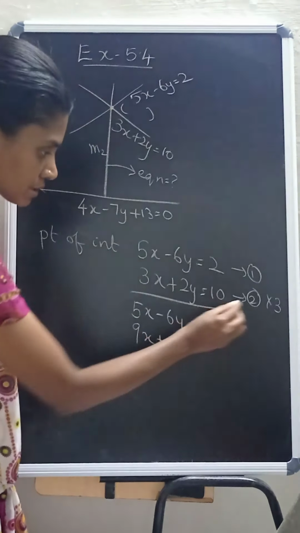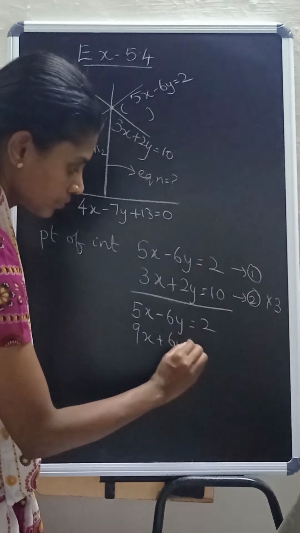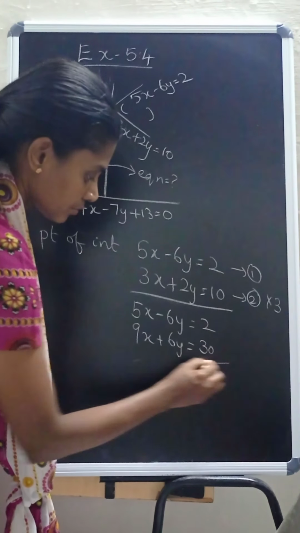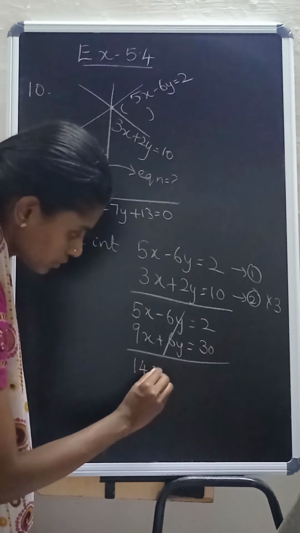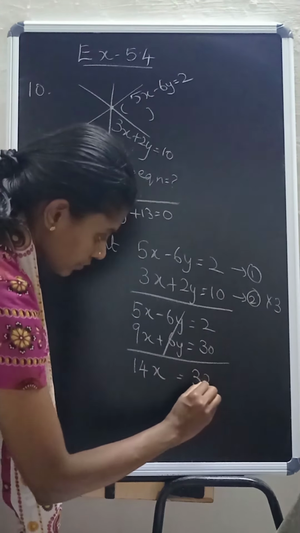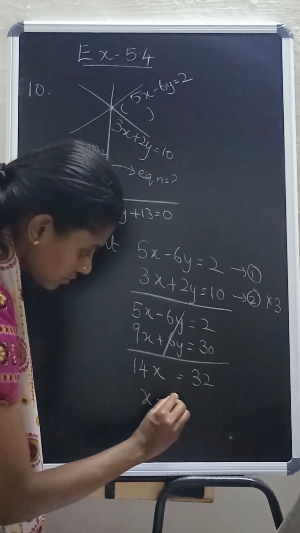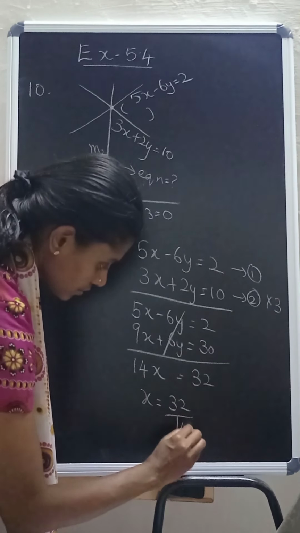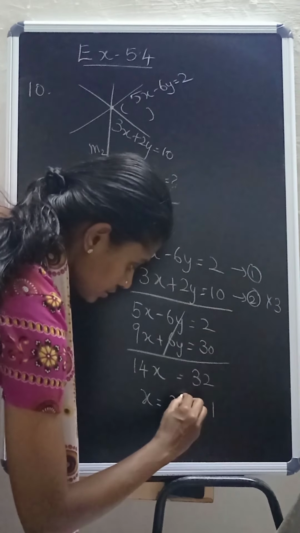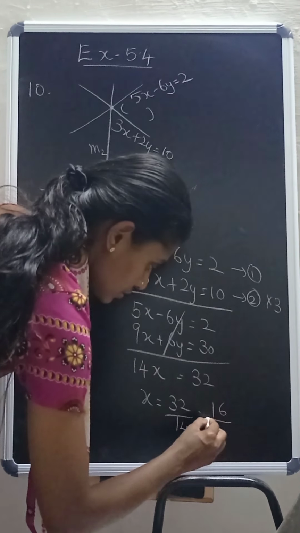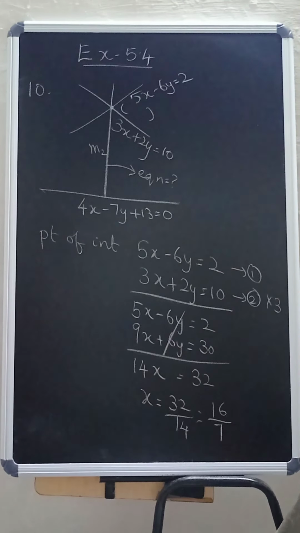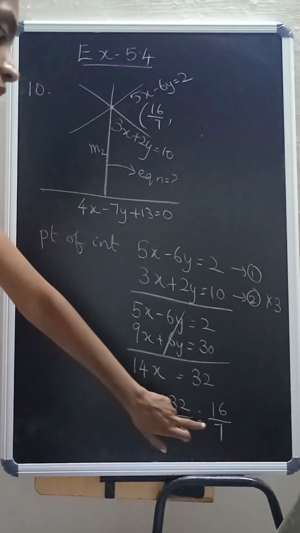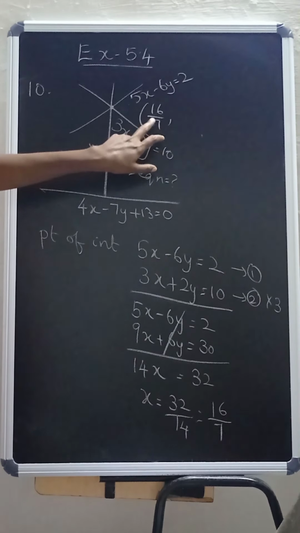So 9x plus 3 2s are 6y is equal to 10 3s are 30. 14x is equal to 30. x is equal to 16 by 7. So now we have got the x coordinate 16 by 7.